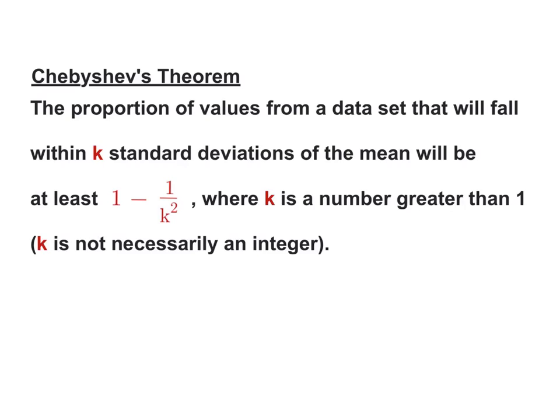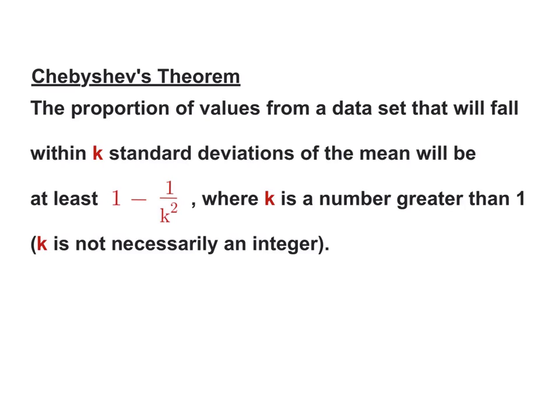As we're about to find out, the number of standard deviations away from the mean is a concept that we're going to talk about over and over again. And Chebyshev's theorem helps us figure out how much of the data lies within so many standard deviations of the mean. That helps give us an idea how bunched up the data is or how spread out the data is.